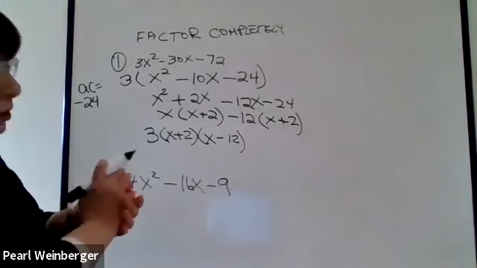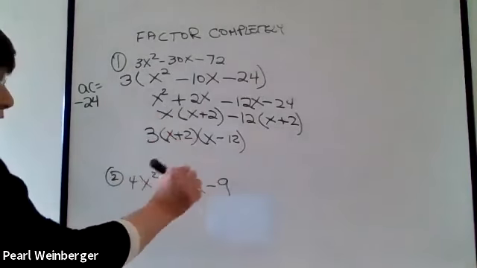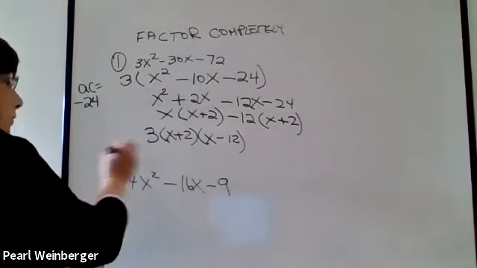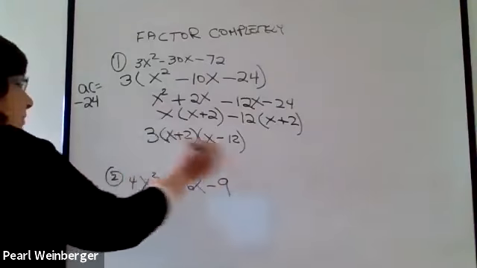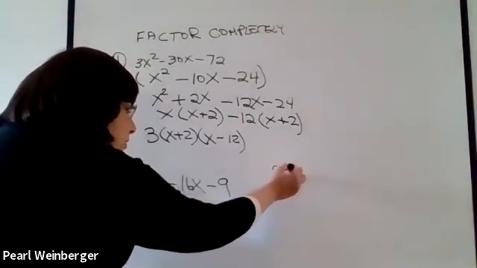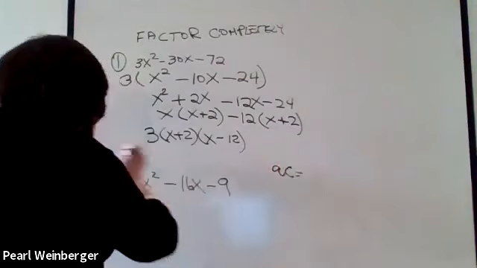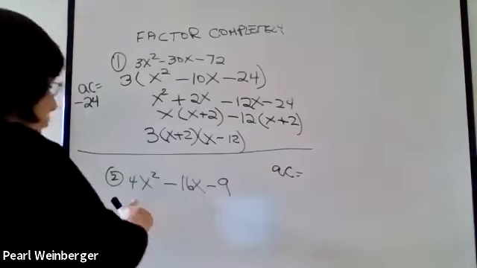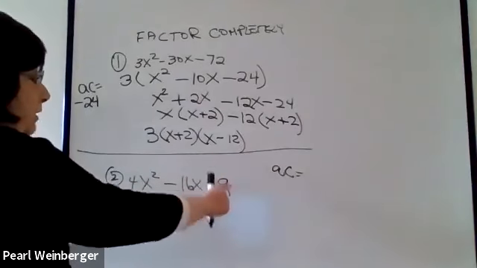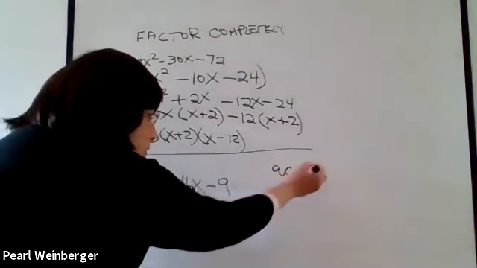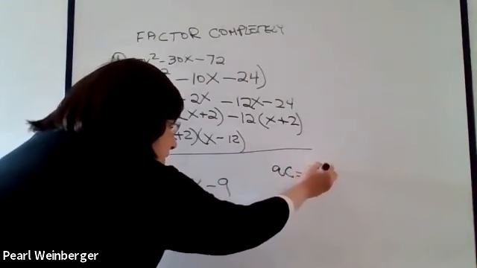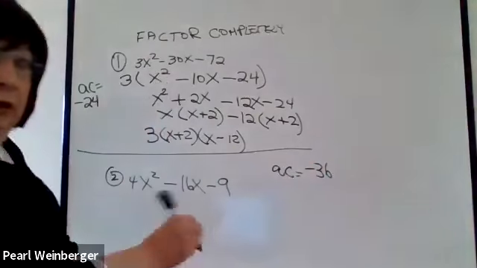So we just go to the regular trinomial factoring. Again, we figure out what the AC is. Let's put the AC over here. I'm going to put a line here. So the AC is 4 times negative 9, which is negative 36.